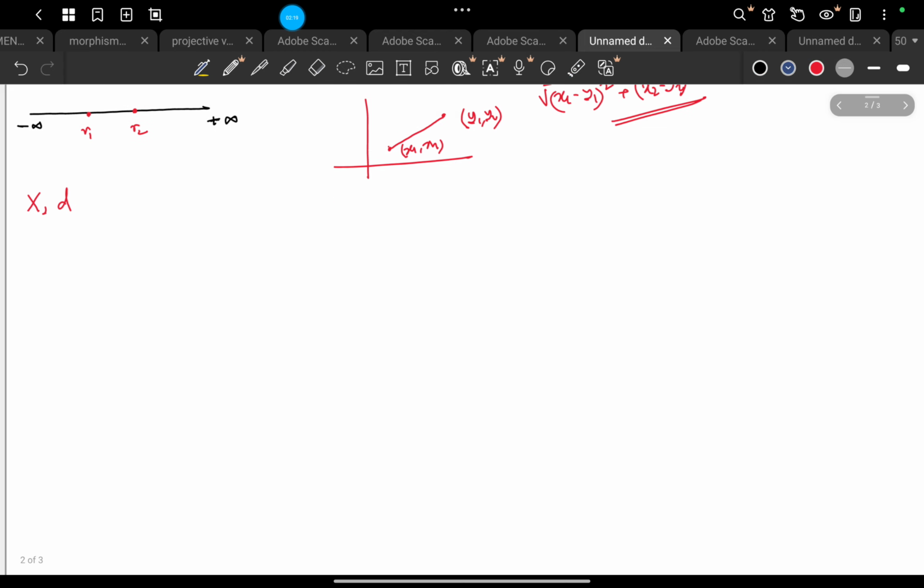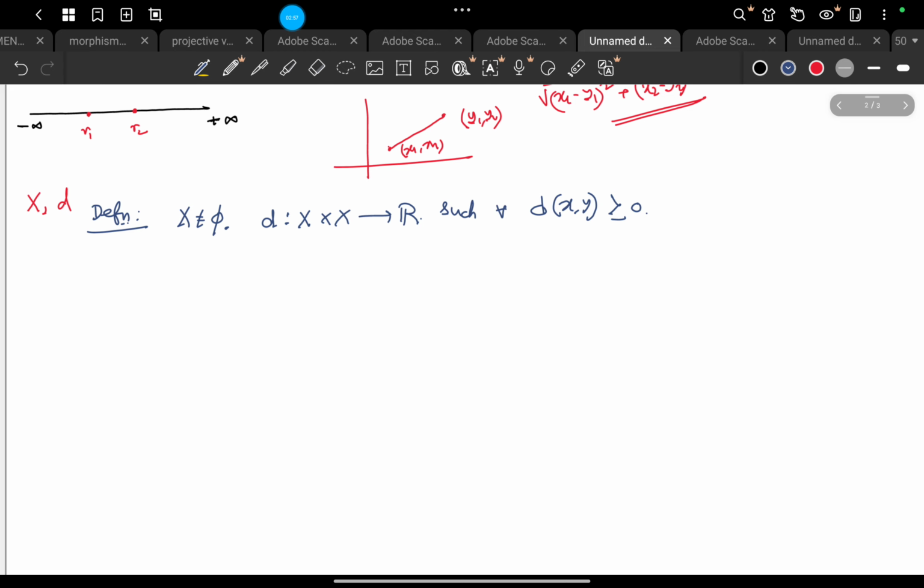So first let us give the definition. Suppose x is not equal to phi, it should be a non-empty set. Then we define a function d from x cross x to R, such that d of x comma y is larger or equal to 0, it is always non-negative.